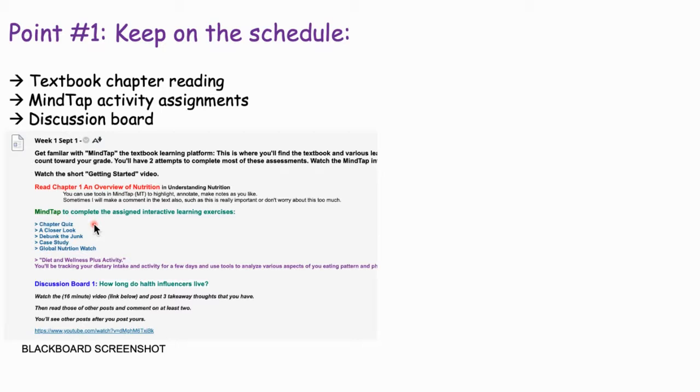I'll mention a little bit about how that adds up, but there are quizzes to make you think about what you're reading. And then there are some other activities, and you'll see these themes repeat in each chapter with something related to the chapter's main content. A closer look, there's an activity there.